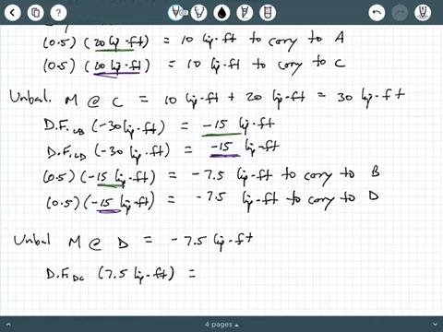So I get a positive about 3.75. So I'm going to round that to 3.8 kip feet. Okay. And then what do we do with that? We send half of that over. Let me check my calculations real quick. I think I may have.